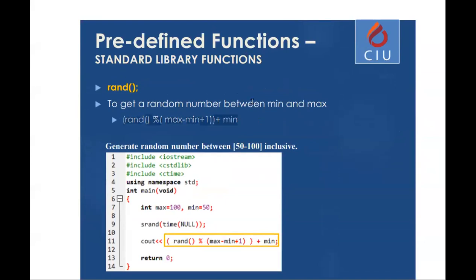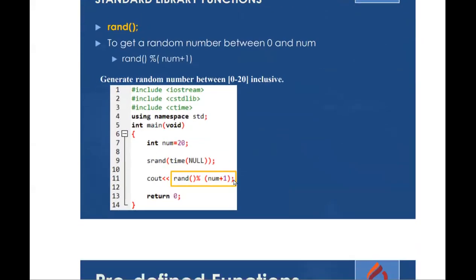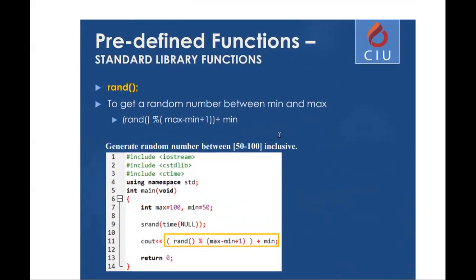You see, you can get the min value as 0 and the max value as 20. 20 minus 0, 20, plus 1, 21, plus 0, nothing. So this whole thing becomes 21, just as you have done in here. So there are two ways. Remember that in programming, there isn't one way of doing operations. There are usually more than one way.